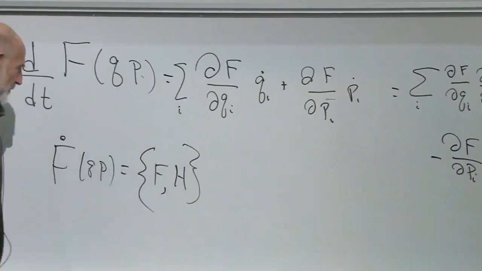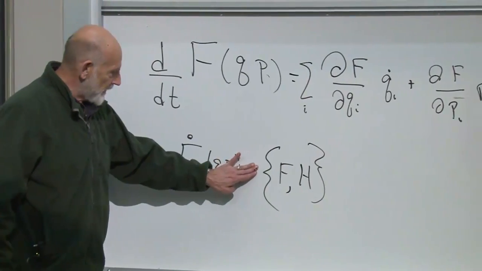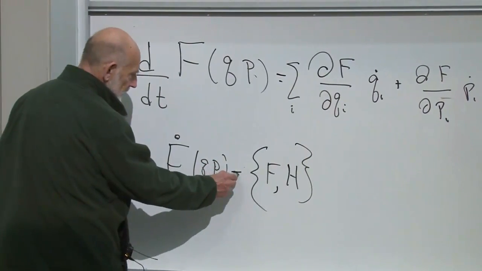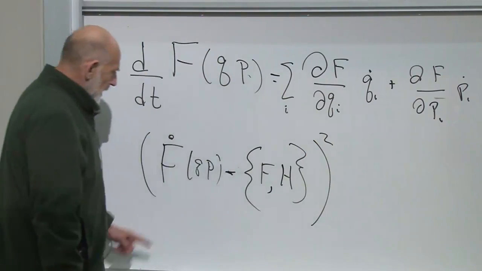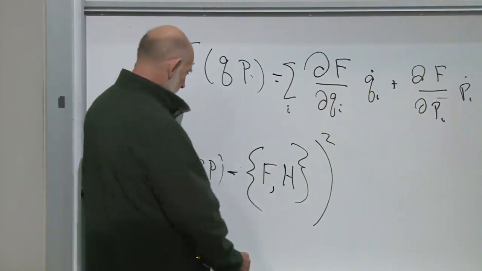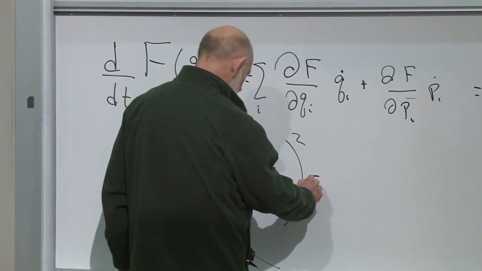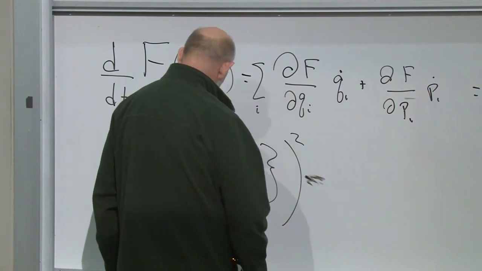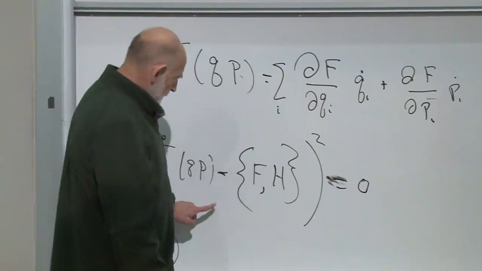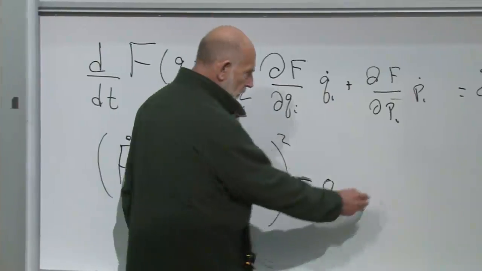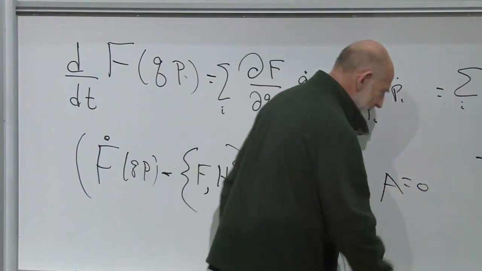I can condense it even more. Take this, subtract it, square it, call this thing, say that it's 0, and then call this thing in here A, and then we only have one equation, A equals 0.